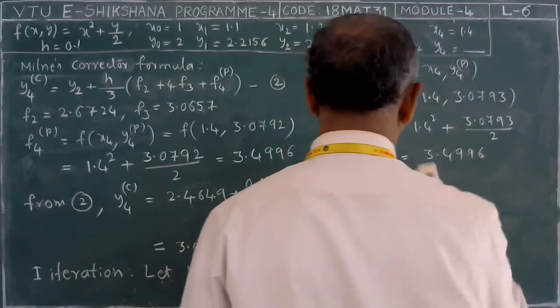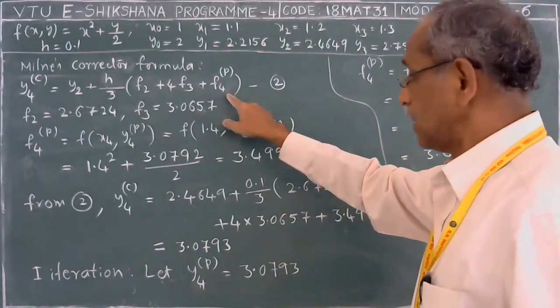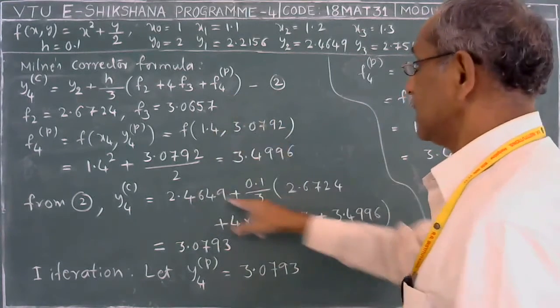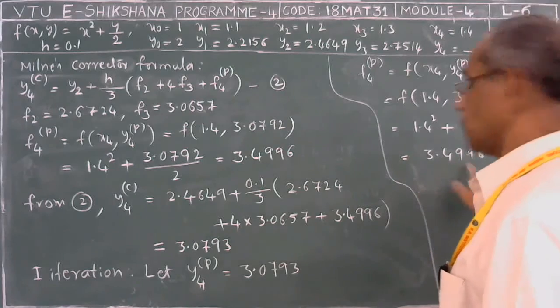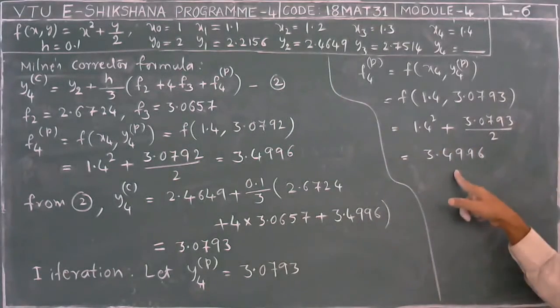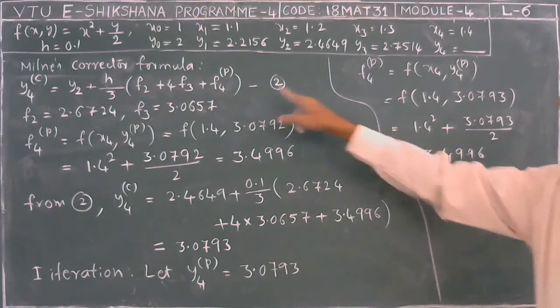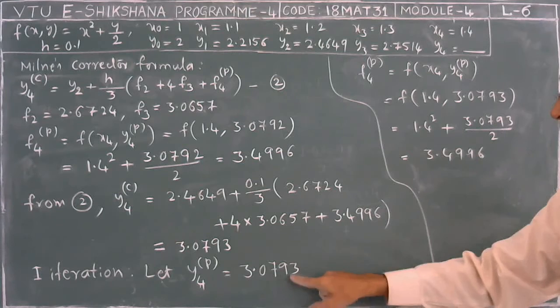Now from equation 2, substitute the value of f4p. Everything else is the same, and here f4p is 3.4996.